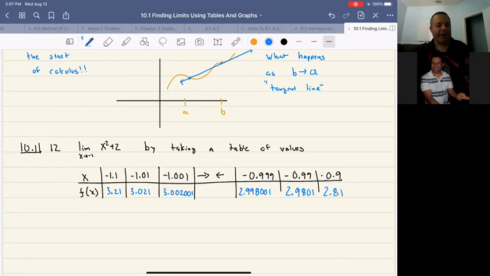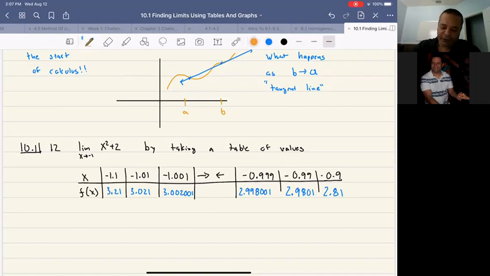Now we're asked to do a little bit of analysis, a little bit of thinking, and we think, well, it's reasonable to assume that if we put -1 in, we would get 3 back. In this case, we can actually literally do it.